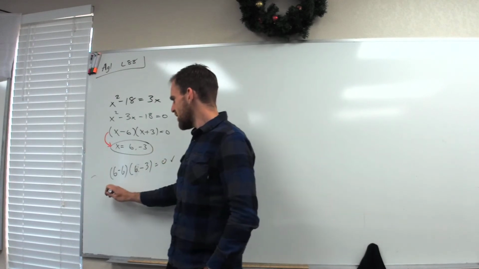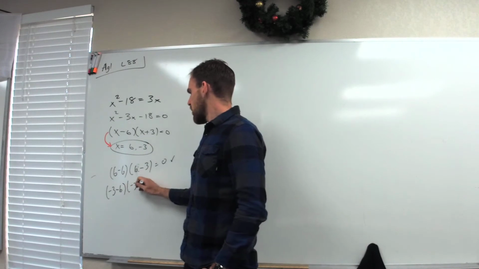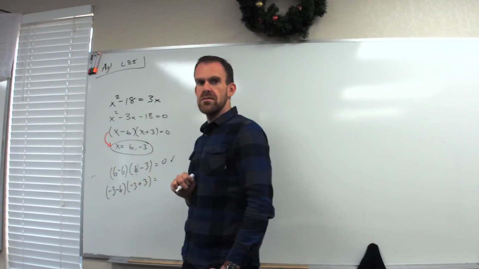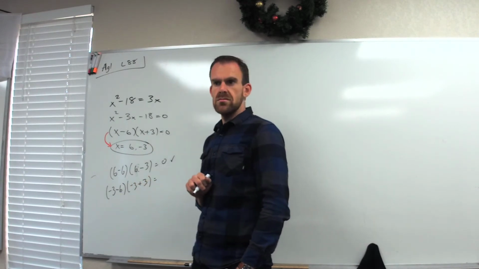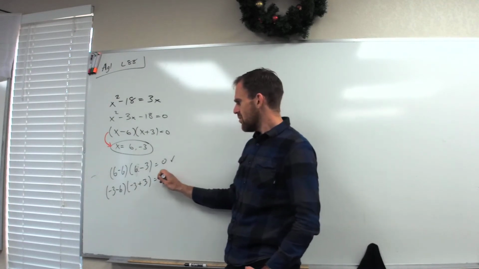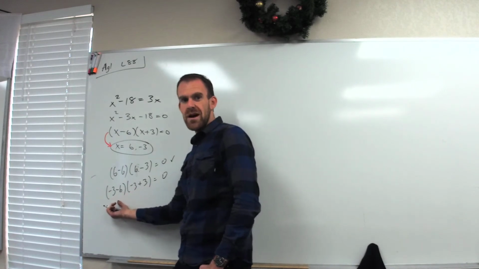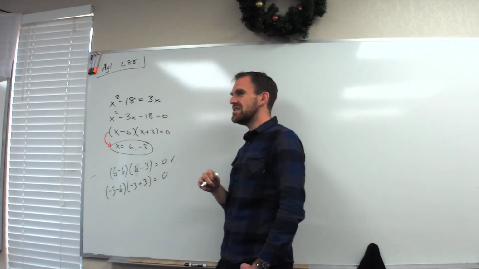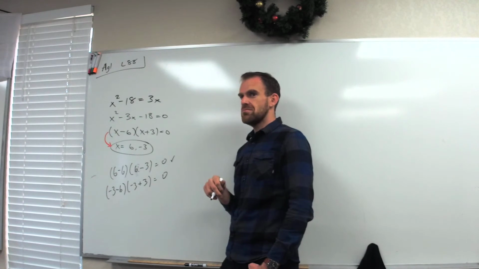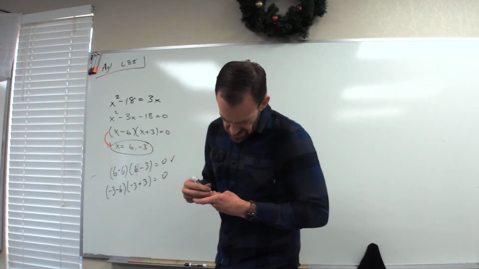Let's try plugging in negative 3. This equals what? Not a trick question. 0. Why? Because if this is 0, I don't care what I multiply by, that will always equal 0.